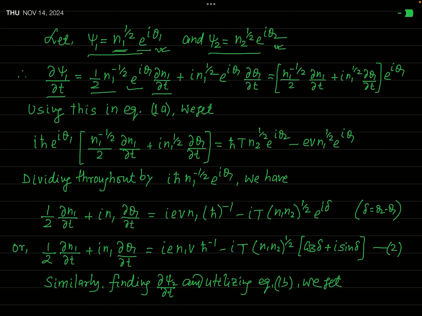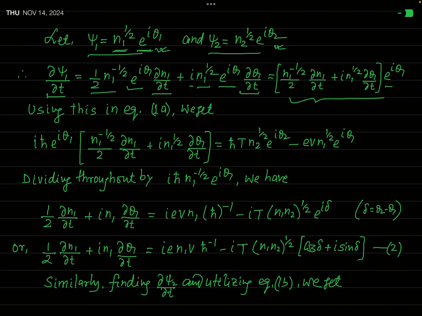Now keep n1 to the power half as it is and differentiate the other factor e to the power i theta 1, and that will be i times e to the power i theta 1 times del theta 1 by del t. Now you can see e to the power i theta 1 is a common factor, so we can take it out. The resulting expression is like this.